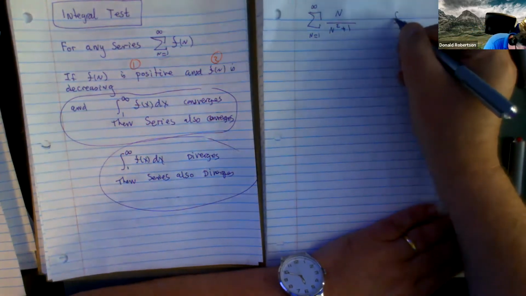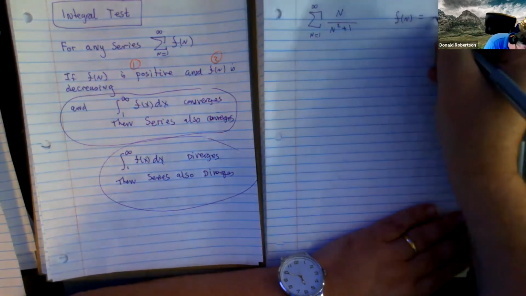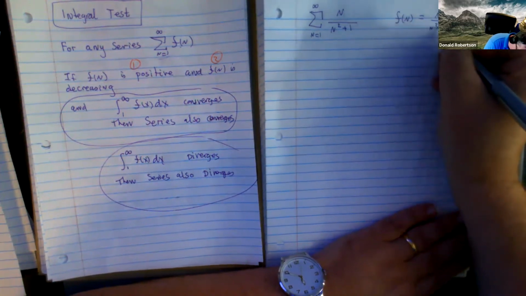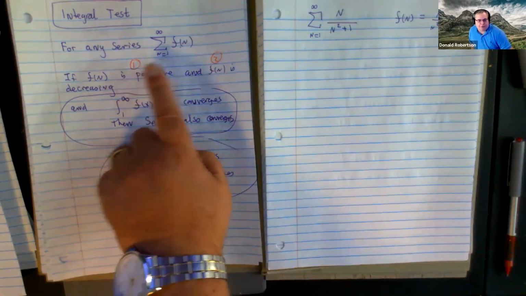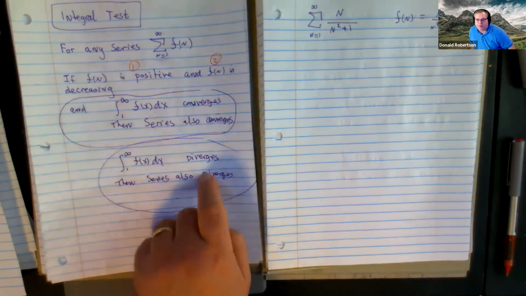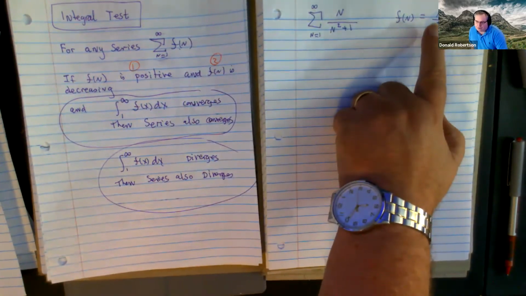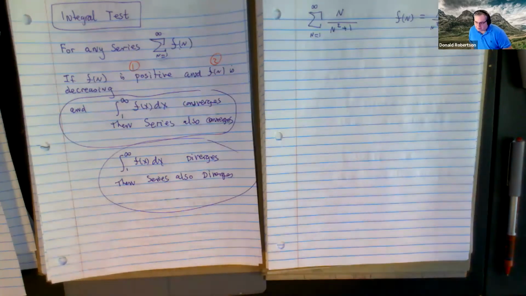The function f of n is this guy. Are we good? Now, we should go through these two tests every time before we do it. And I am going to do it for this one. But for time constraints, I'm not going to do it for any of the others. You'll just have to assume that I've done it and it works, because I want to get into the good stuff.